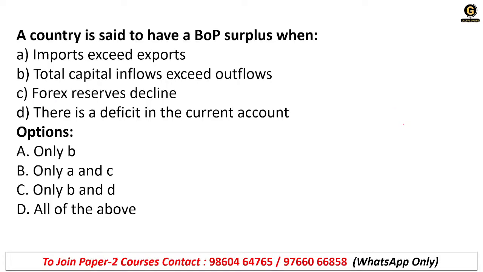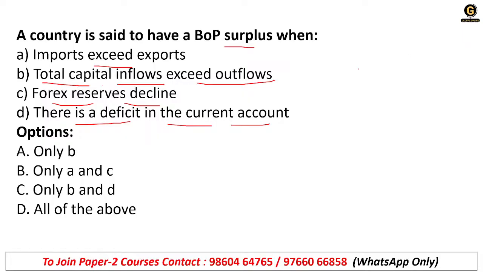Next, a country is said to have a BOP surplus when imports exceed exports, total capital inflows exceed outflows, forex reserves decline, and there is a deficit in the current account. So when we say a country is having a BOP surplus, what does it mean?